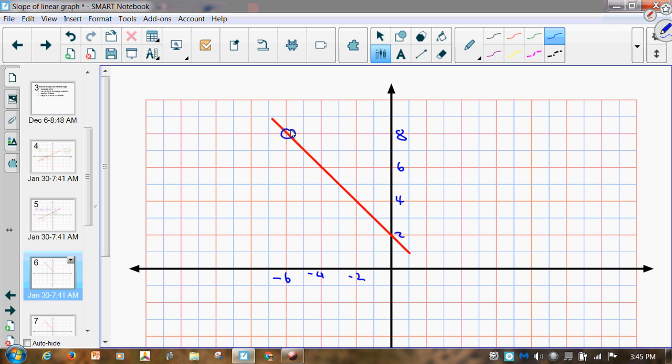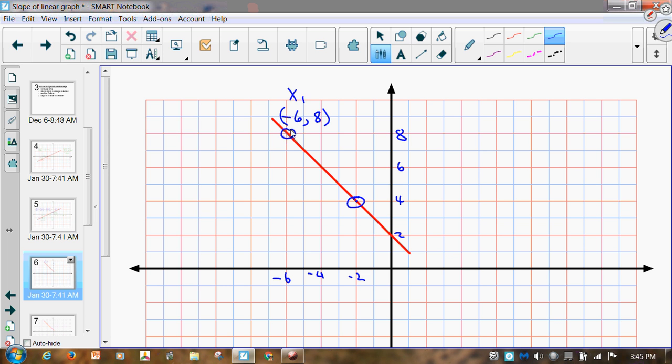So what we have here as this point is -6 on the x number line, and a +8, sorry, +8 on the y scale or number line. And down here, let's go ahead and pick this value right here for our y2.